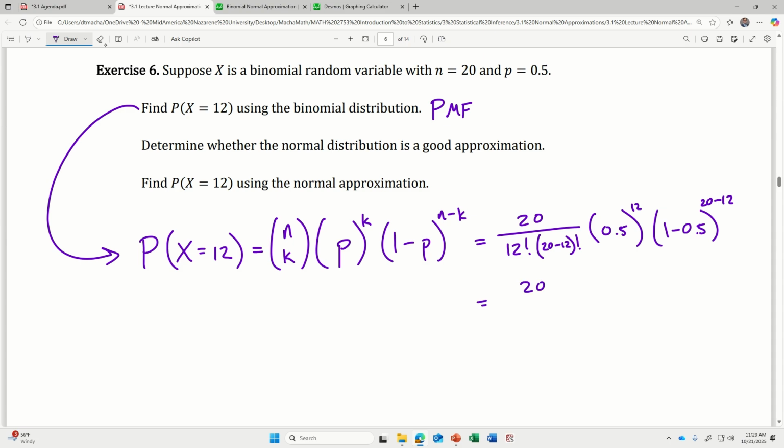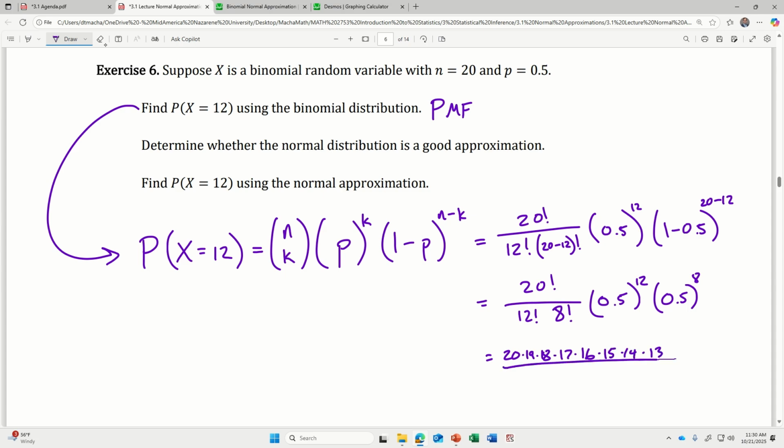And you can simplify a little bit. 20 factorial divided by 12 factorial is going to be 20 times 19 times 18 times 17 times 16 times 15 times 14 times 13.